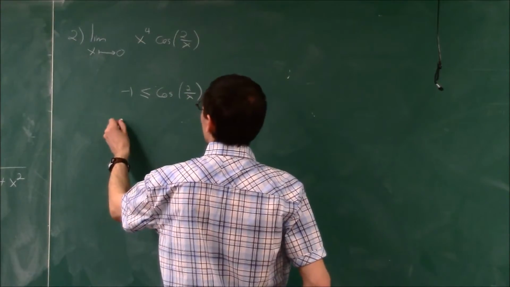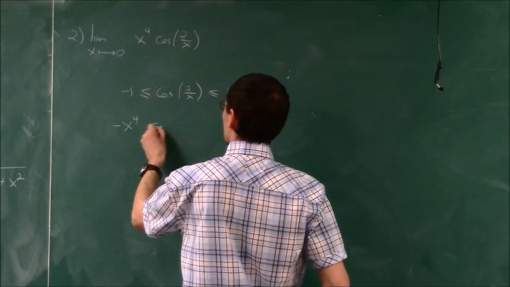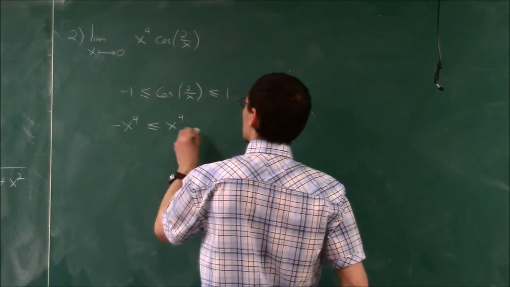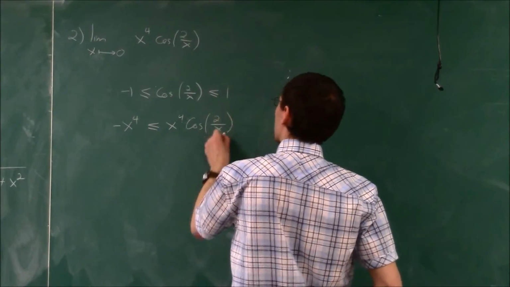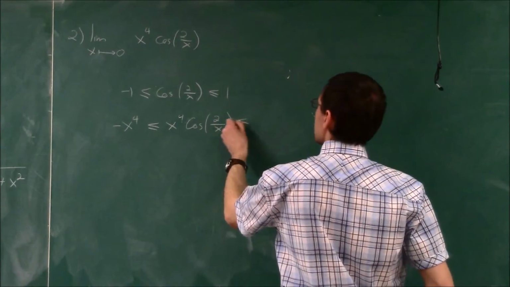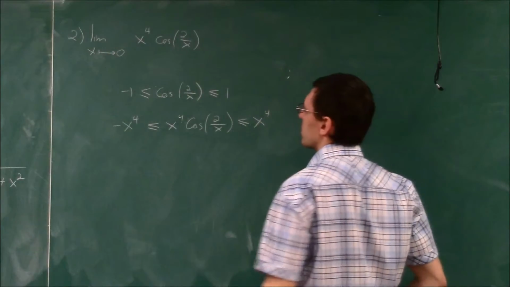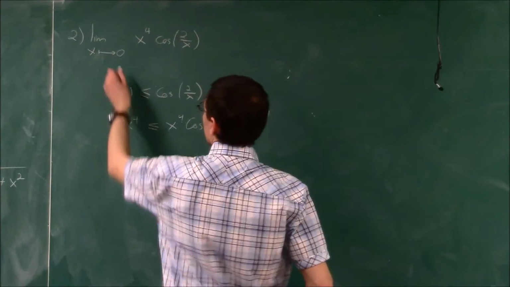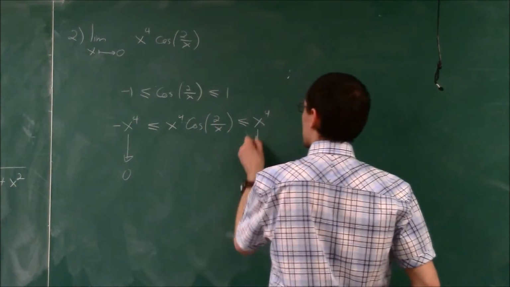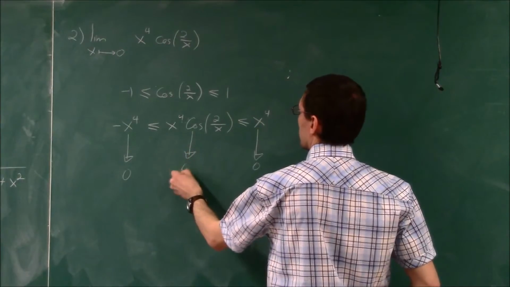That means that if I multiply by x to the 4th, I have minus x to the 4th less than or equal to x to the 4th cosine of 2 over x less than or equal to x to the 4th. Now, this goes to 0 as x goes to 0. This goes to 0 as x goes to 0, forcing the middle guy to go to 0 as well.